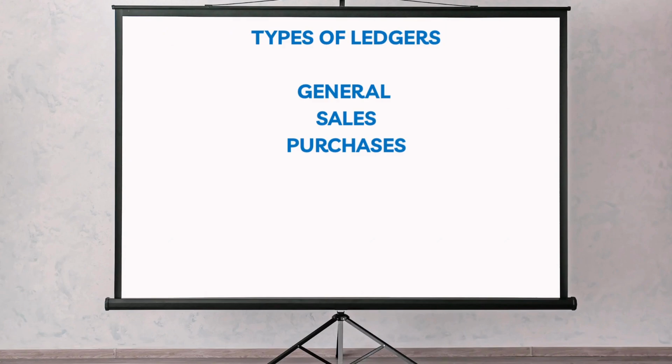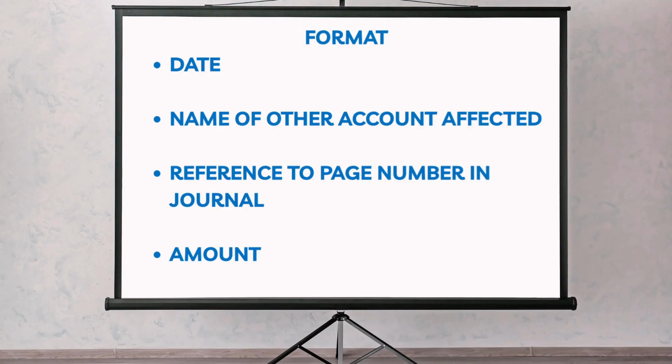There are other types of ledgers, but we will use the general ledger. The ledger is known as a book of final entry. And the format of the ledger, it has a date, name of the other account affected, reference to the page number in the journal, and the amount.